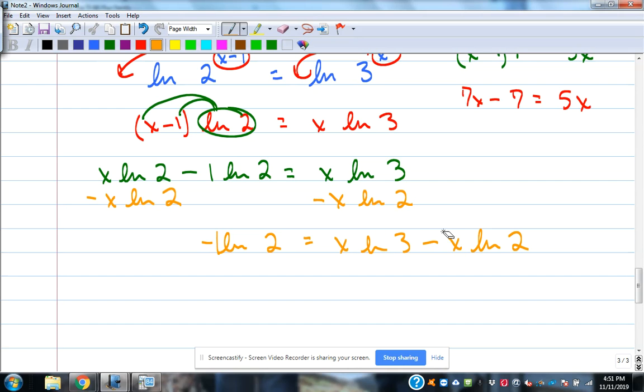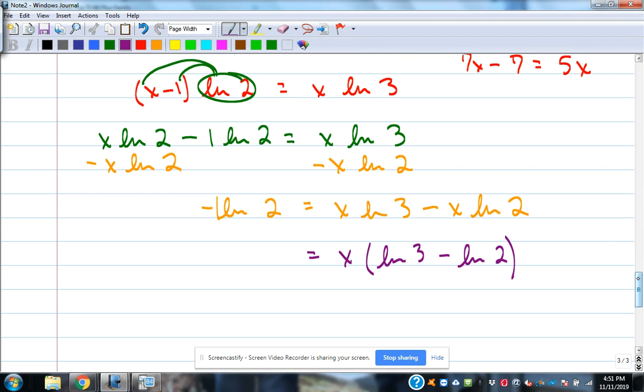So just x is the only thing that's really common between these two. So we're going to factor out an x because that's a GCF, right? If I factor out an x, that's going to give me natural log of 3 minus natural log of 2 is equal to negative 1 natural log of 2.